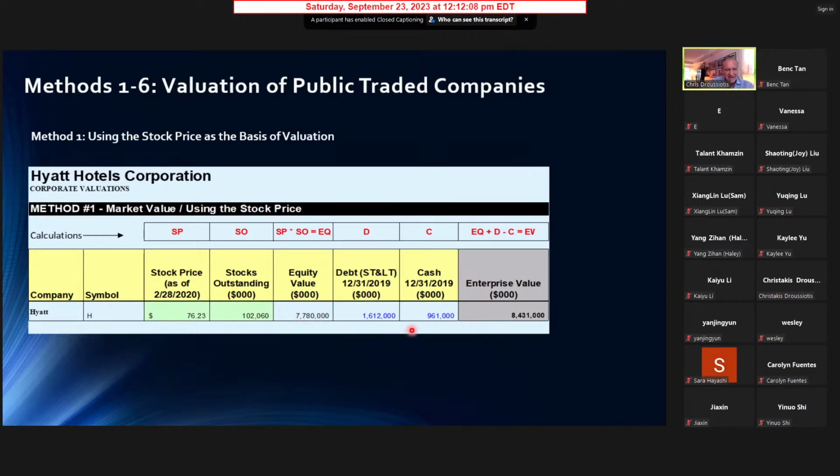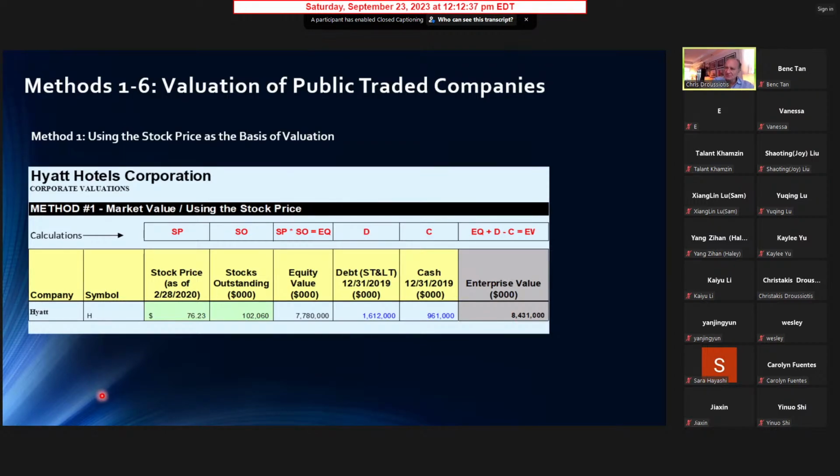If I add the debt, and the debt is the last reported, which is 2 months before, it puts the debt at 1.6, subtract cash, you get to an enterprise value. So now we are in a position to challenge that 8.4 billion equity value, because 8.4 is what is trading.